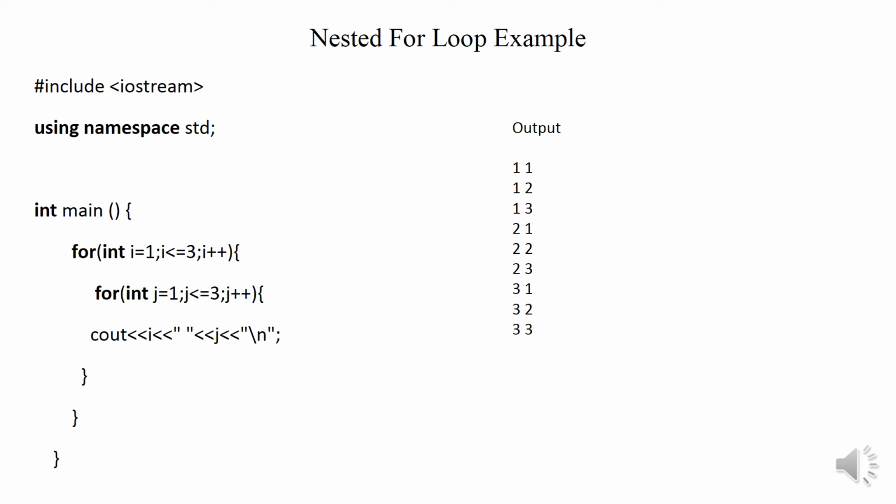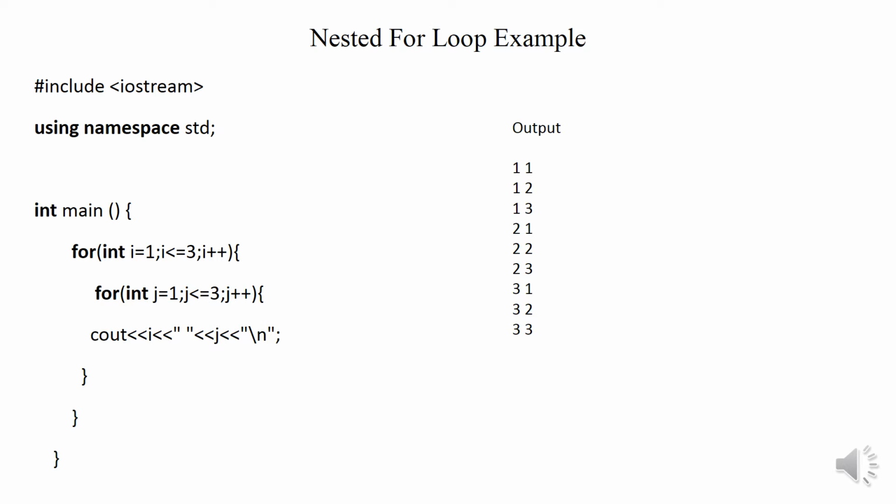This is an example of a nested for loop, a for loop inside a for loop. Here we take two different variables. i is equal to 1 semicolon i is less than or equal to 3, i++, that is the first loop.